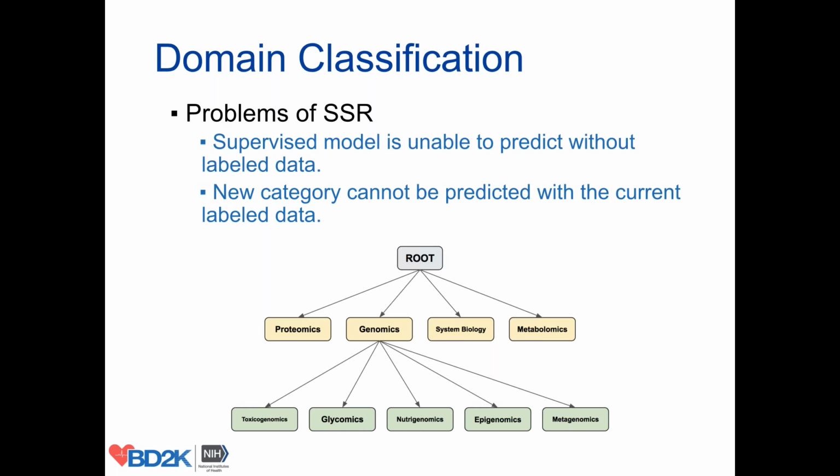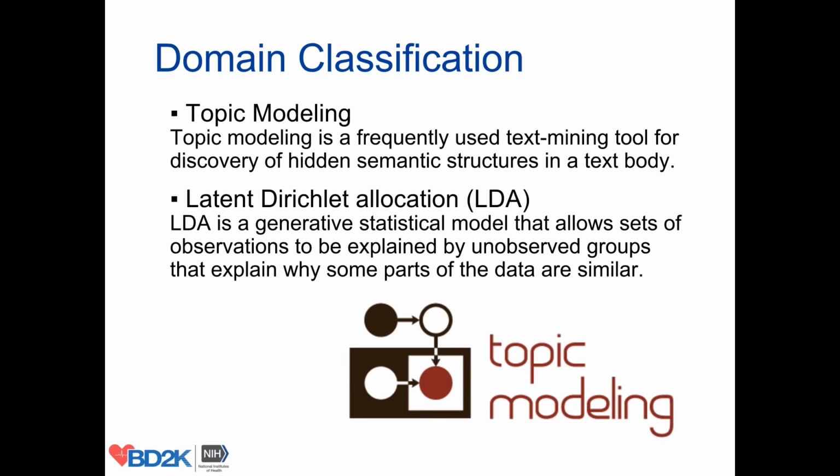We update the ontology of the domains according to the UMLS and MeSH and some other resources. You can see from the graph, 5 subcategories are assigned to genomics together with proteomics, systems biology, and metabolomics. So the new methods are on call.